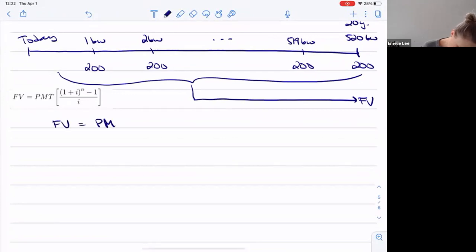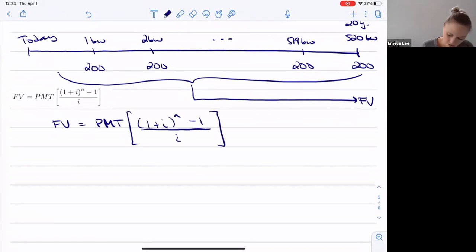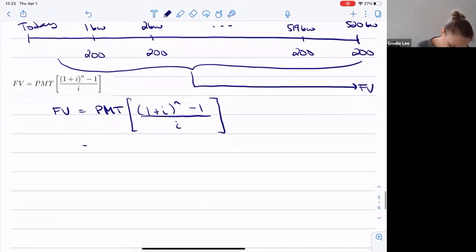Future value is the PMT times 1 plus I to the power of n minus 1 over I. And this I here is again I2, which we calculated. And that's why it's so important that you use I2 and find I2. So the future value is going to be $200 times 1 plus store 1.